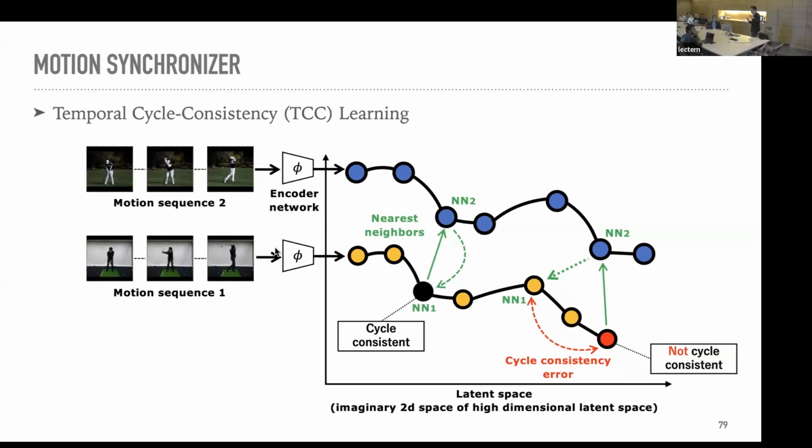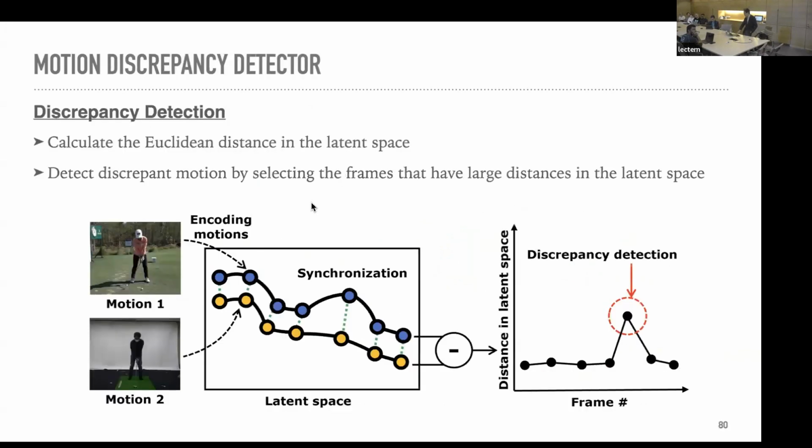So after we put those multi-parameters inside the latent space, we put those positions in here and then synchronize the typical positions such as address and backswing and top positions.